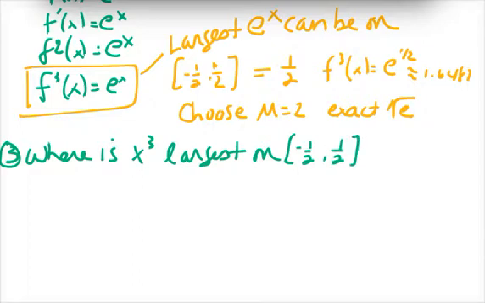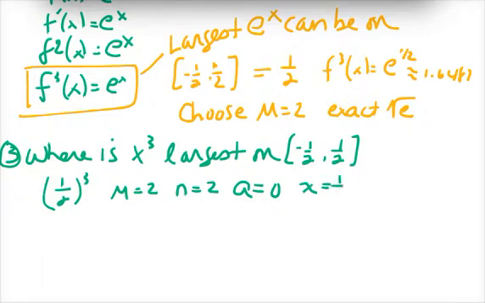So plug in all the information, right? And x cubed is the largest at 1/2. So let's plug in all the information. We know that m is equal to 2, n is equal to 2, a is equal to 0, and x is largest at 1/2.